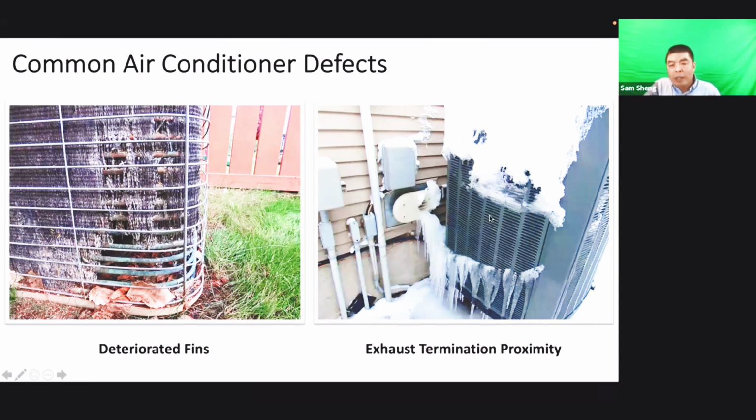Normally the condenser has some space to move a little that way, but that's the technician's job. For us, we just make notes that it's too close to the gas vent.